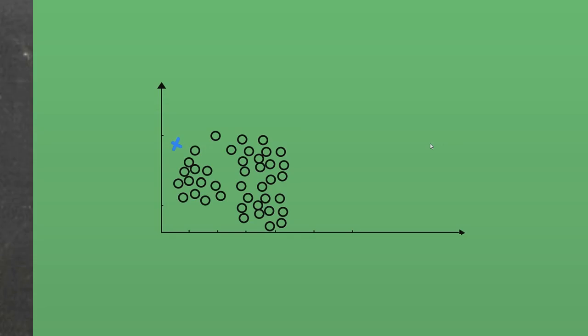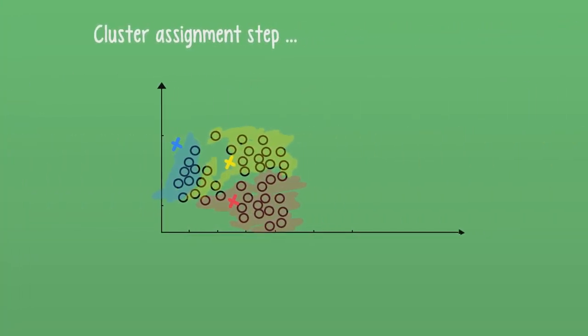What we're gonna do first is choose randomly three data points. We call them centroids. These 3 data points we chose randomly, and we call them centroids. Why centroids? Because they're going to be the centers of our clusters. We choose them randomly.